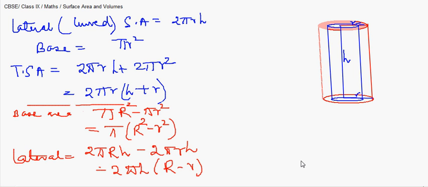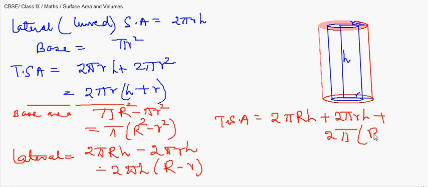The same thing will also follow with the total surface area case. In that case, total surface area is given by 2 pi RH plus 2 pi rH plus 2 pi times (capital R square minus small r square).